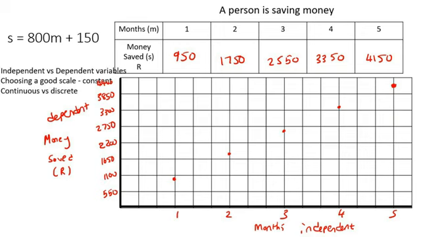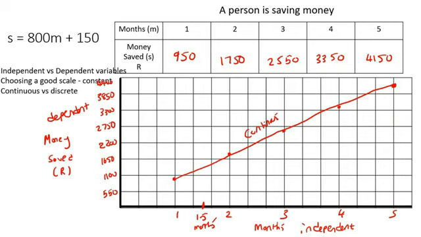So if they're saving money as the month carries on, then you would be able to connect these dots. Why do I say that? Because even at 1.5 months, which would be somewhere over here, they would have maybe like 1,250 rand. Okay, so then it would be okay to draw a continuous line, because then this would be called continuous data. If they're constantly saving money, like every day, this person is maybe saving a little bit.